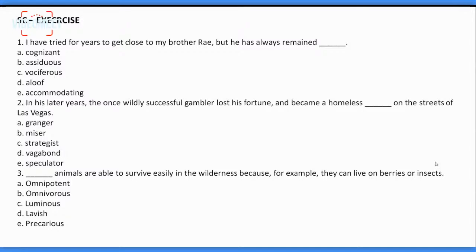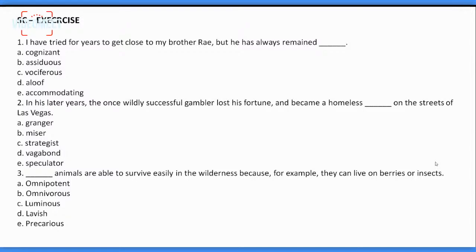Strategist here means that he is very sure of what to do next. He works on things, he strategizes, he manipulates, he puts a lot of thought into doing things. And I don't think gamblers are prone to do that. I mean, sure, they think of the next move, but had he been that kind of gambler, he would not have lost his fortune.